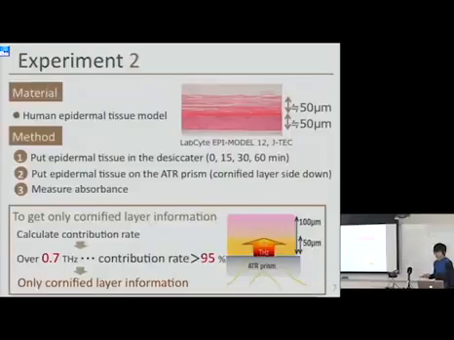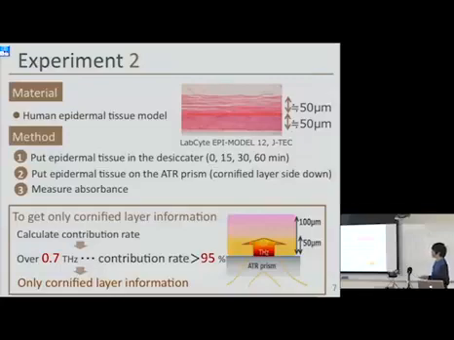Then I measured real epidermal tissue. I used a human epidermal tissue model for this experiment. The colonified layer is about 50 micrometers, and the other layer thickness is also about 50 micrometers.